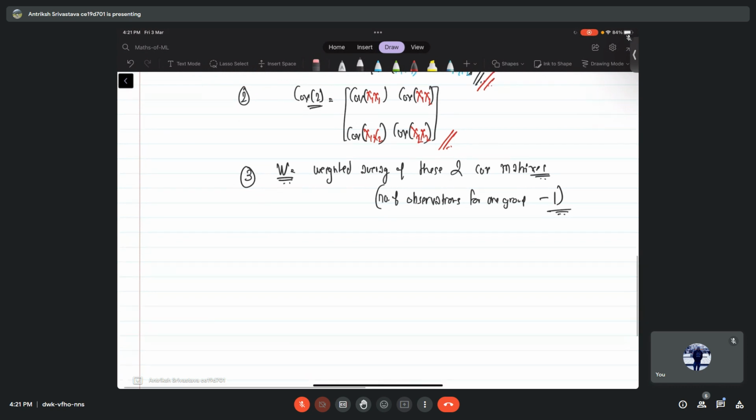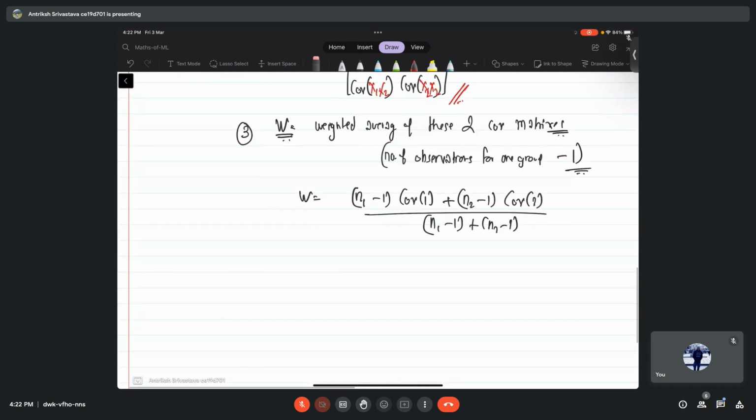Okay. So now W will look like this: N of group 1 minus 1 into covariance of 1 plus N of group 2 minus 1 into covariance of 2, divided by N1 minus 1 plus N2 minus 1.